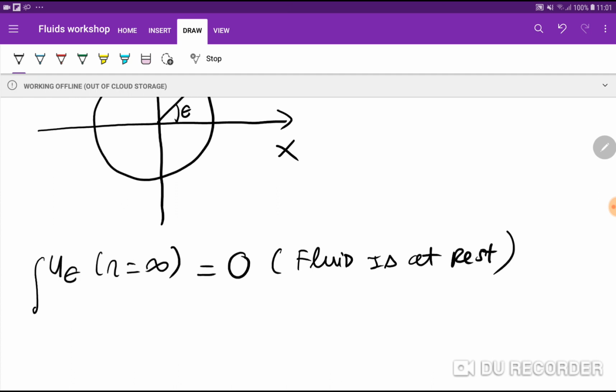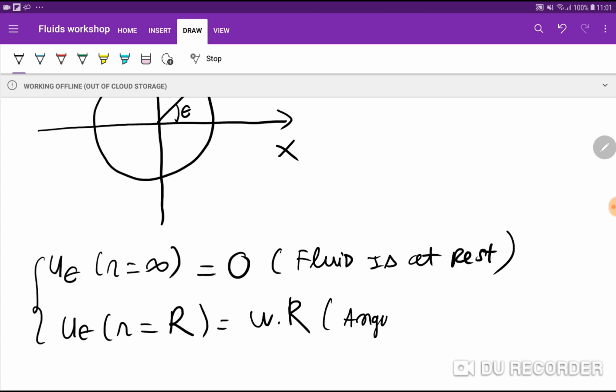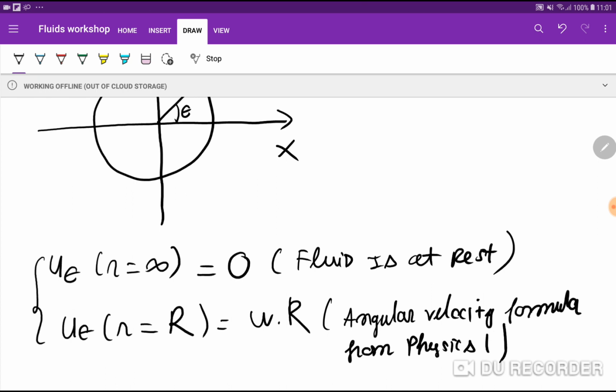The second boundary condition is u theta at r equal big R equal to omega times r. This is the angular velocity formula from physics 1.